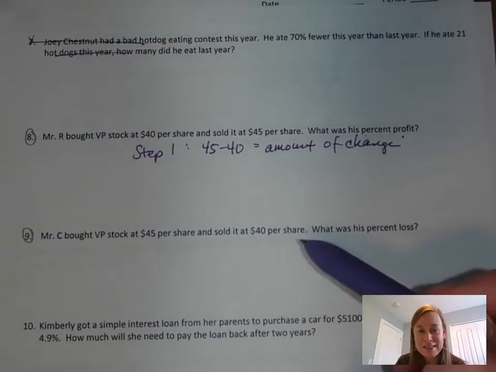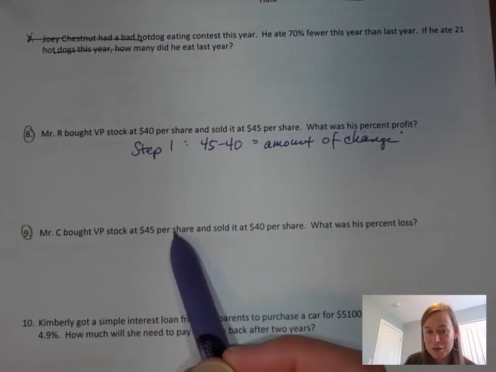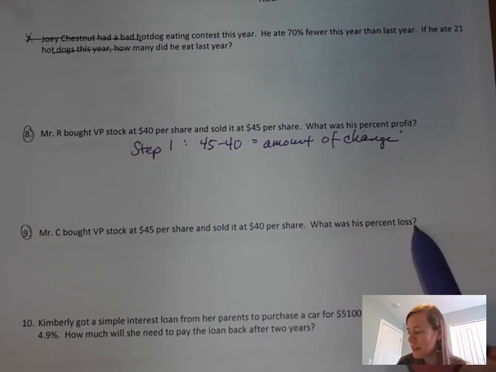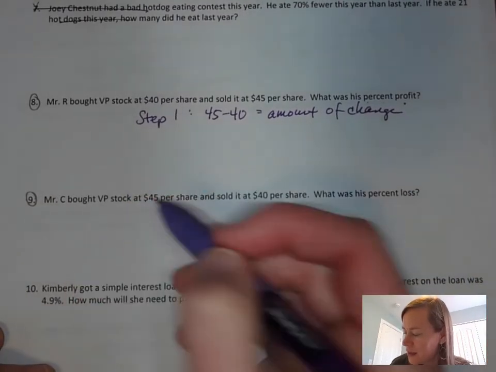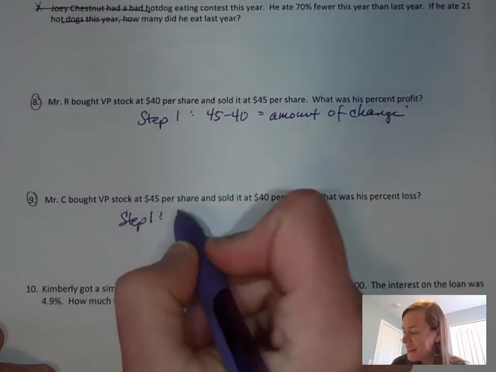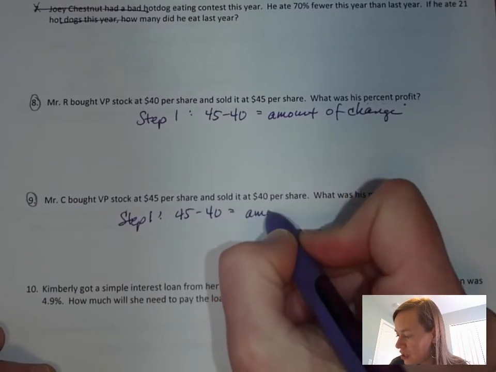Okay, now this next question says Mr. C bought VP stock at $45 per share, but then he sold it at $40 per share. What was his percent loss? So again, step 1 is going to be 45 minus 40, and that's going to get the amount of change.